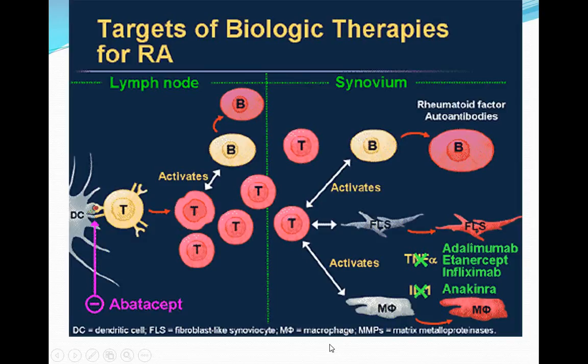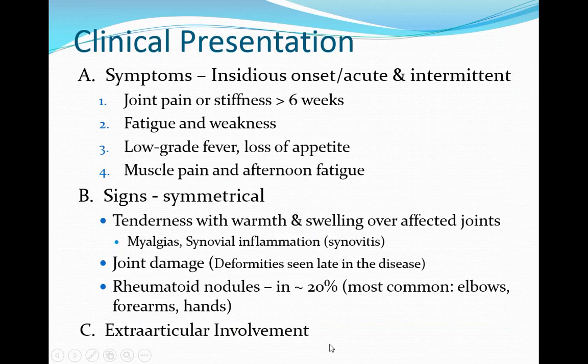And they block the release of this tumor necrosis factor and hence cause a positive response. And we have another drug called abatacept that acts a little bit earlier. So, pathophys out of the way. It's an autoimmune disease. The body is attacking itself.